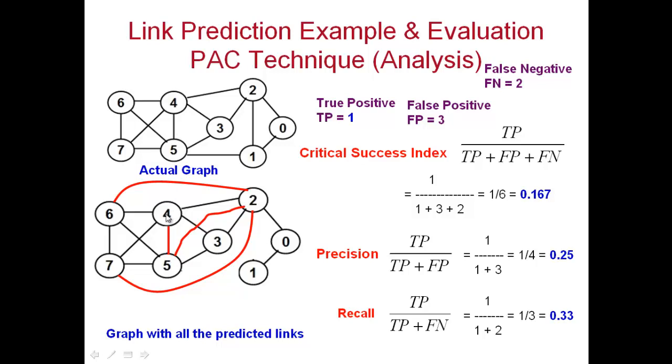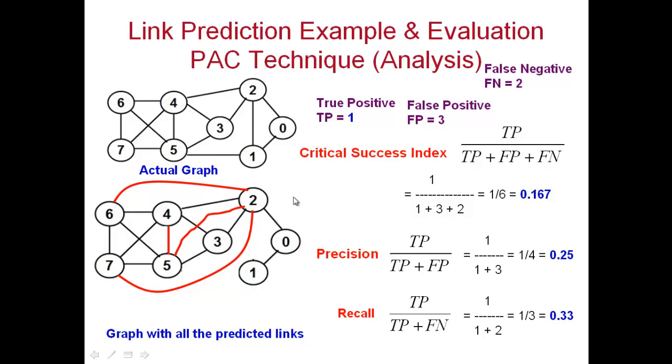So that's a true positive, and the other 3 links do not really exist in the graph. So that is a false positive. And these 2 links, 1 2 and 1 5, that actually exist in the graph are not predicted to exist. So that means this is a false negative. Not predicting something that actually exists is a false negative.